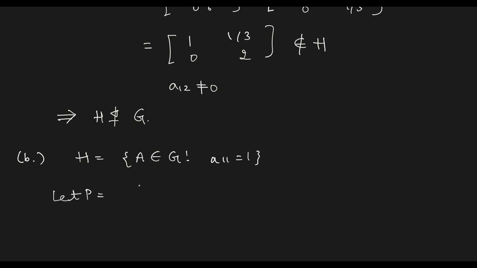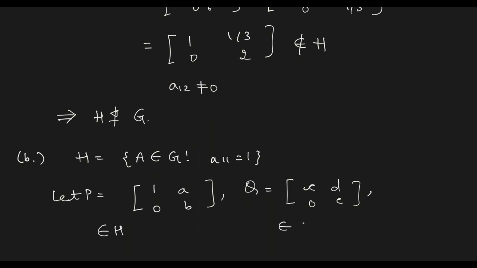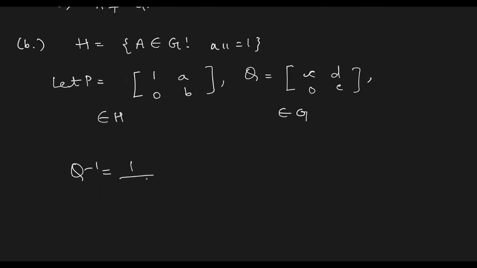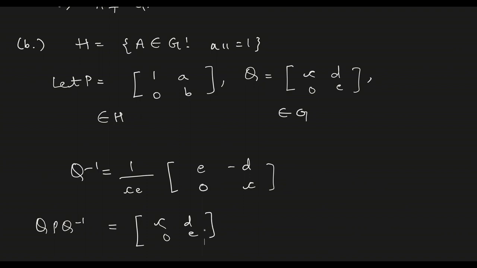So if I take matrix P as 1 A 0 B, matrix Q as C 0 D E, where P belongs to H and Q belongs to G, and Q inverse will be 1 upon determinant of Q times E 0 minus D C. So Q P Q inverse, Q is C 0 D E, P is 1 A 0 B, Q inverse 1 upon C E, E 0 minus D C.